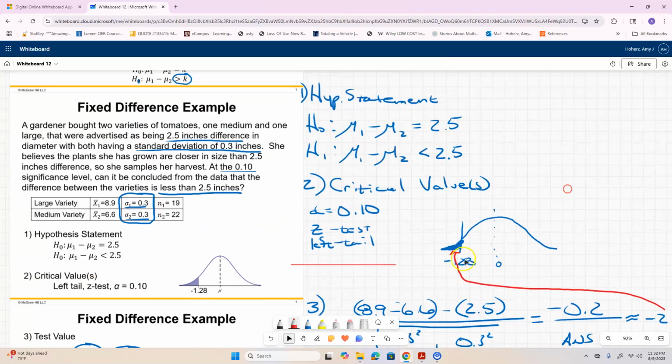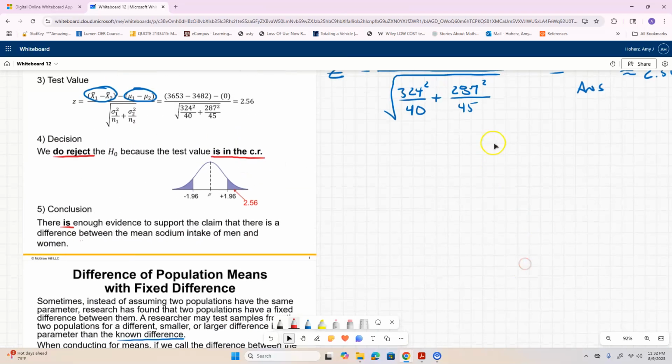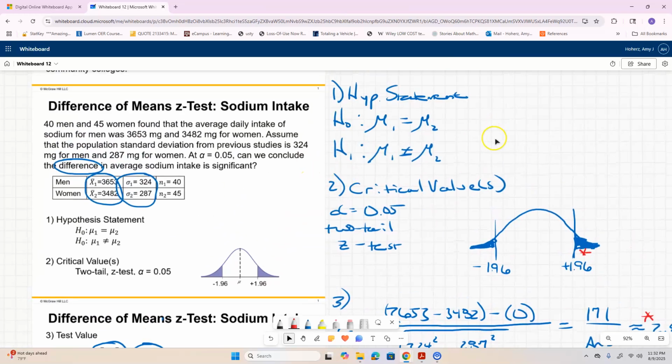But researchers don't know their sample information before they start the hypothesis test. So hopefully that makes it make a little bit more sense why, like up here, we already know what the sample got for the men and the women. But the researcher, when they would have done this, would have said, I wonder if there's a difference, and gotten their hypothesis statement.